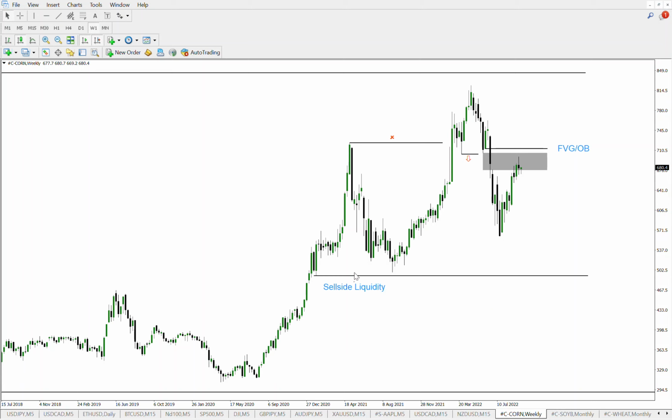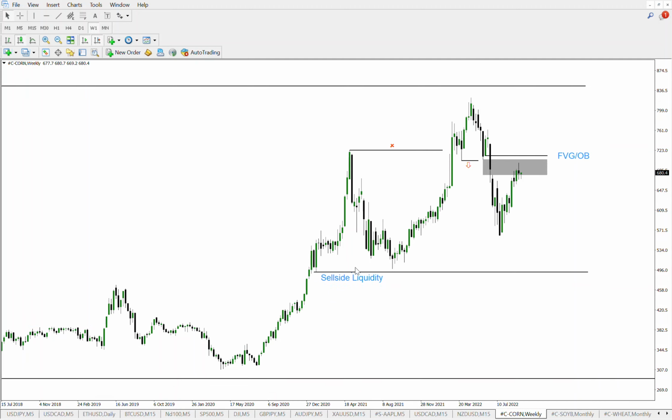So we have this first target here in the form of these equal lows. So this is going to be my first target.